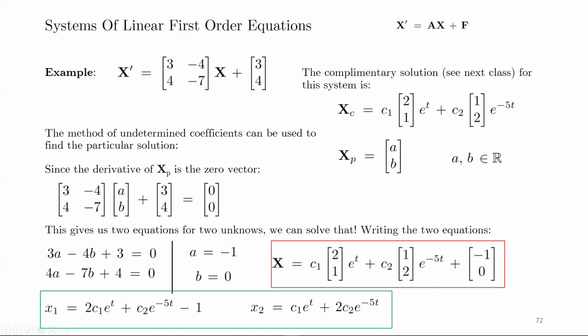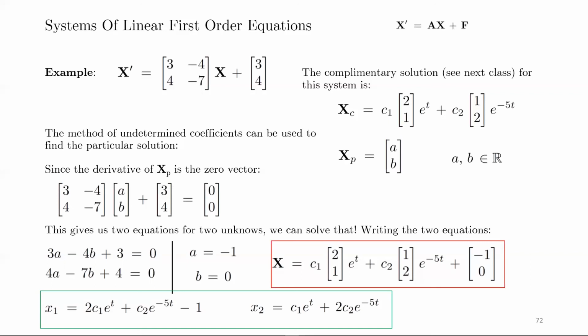So just to summarize what we've done here, we've introduced this thing called matrix form, where if you have a system of linear ODEs, then we are able to write that system in matrix form. And I would expect you to be able to go from matrix form to writing out the system and back again.